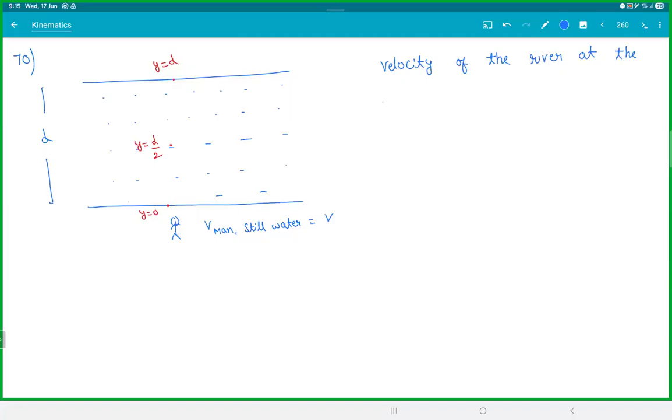Velocity of the river at the banks is 0 and increases linearly. Now this is given. I hope everyone knows what linearly means. When they say linearly, the function will look like y is equal to mx plus c, an equation of a straight line, to speed u till the center.